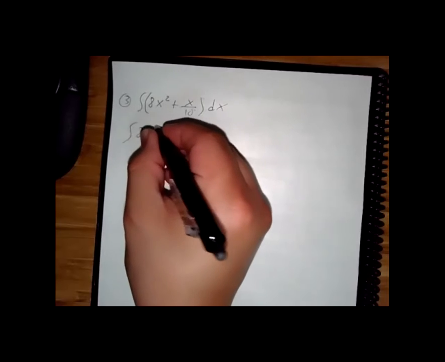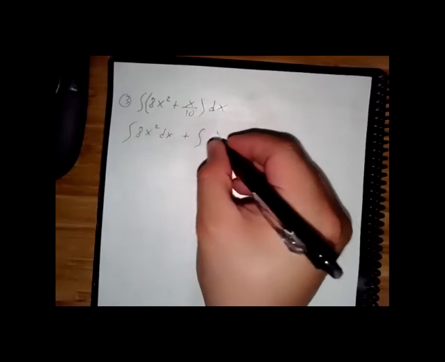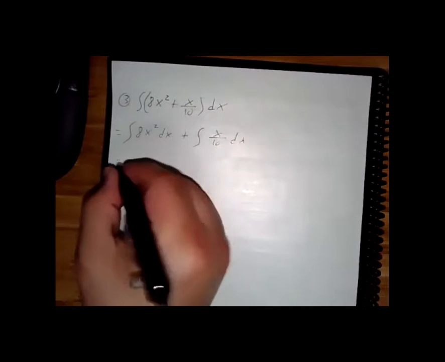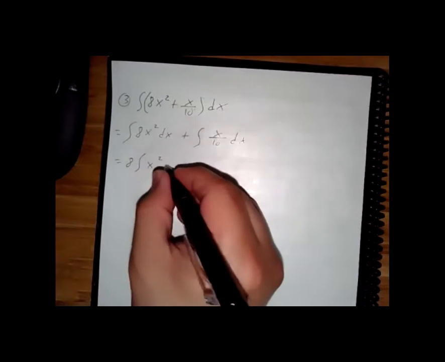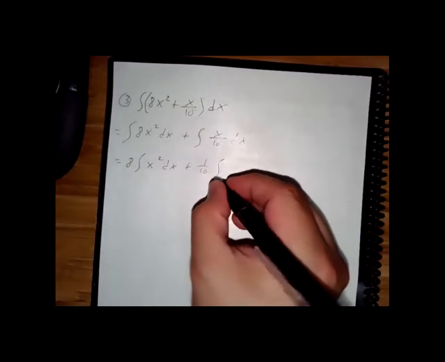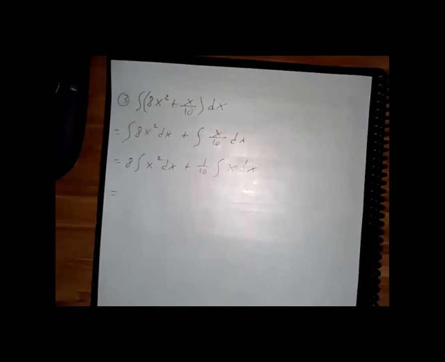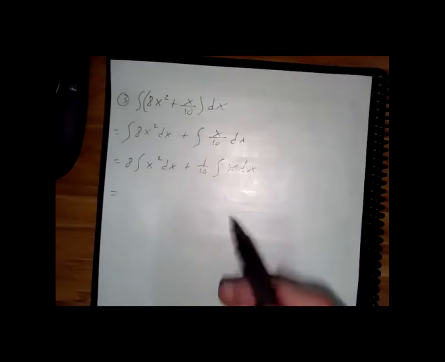So separate them first. Then you can pull out the 8 and the 1/10 in front, so it's not confusing. And you don't have to. I mean, you could go straight to the power rule at the beginning.